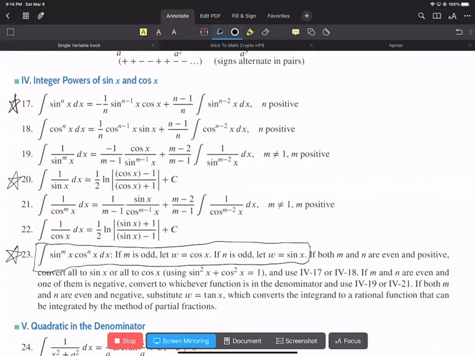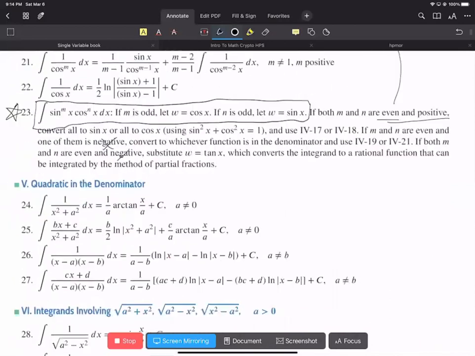And if they're both even and positive, then you can go back up to these. You can convert everything. And so when I do the example number 17, it'll be kind of like this. And I'm not going to worry about negative powers. So you could always make this more and more complicated.